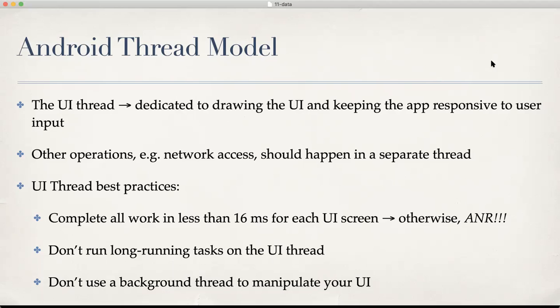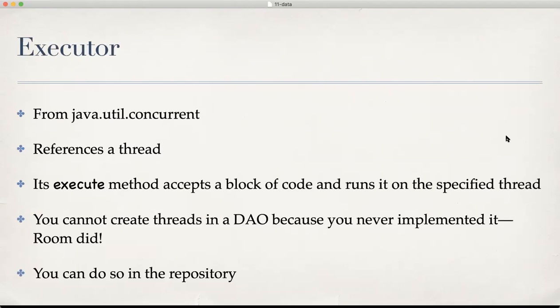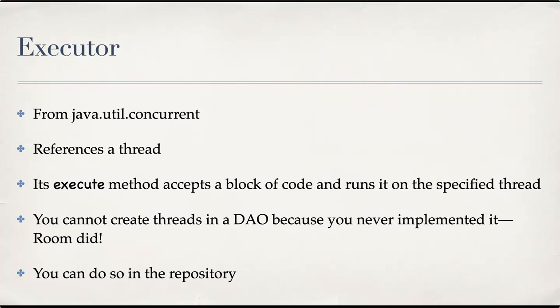Okay, so what you can do then to access the database on a different thread is use something called an async task, which gets a little complicated, and Android is deprecating some of its methods recently. For our purposes, currently, an executor should work perfectly fine.